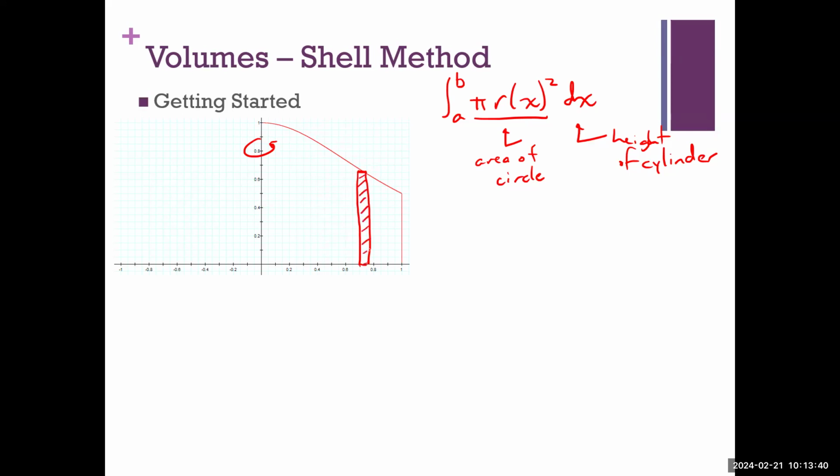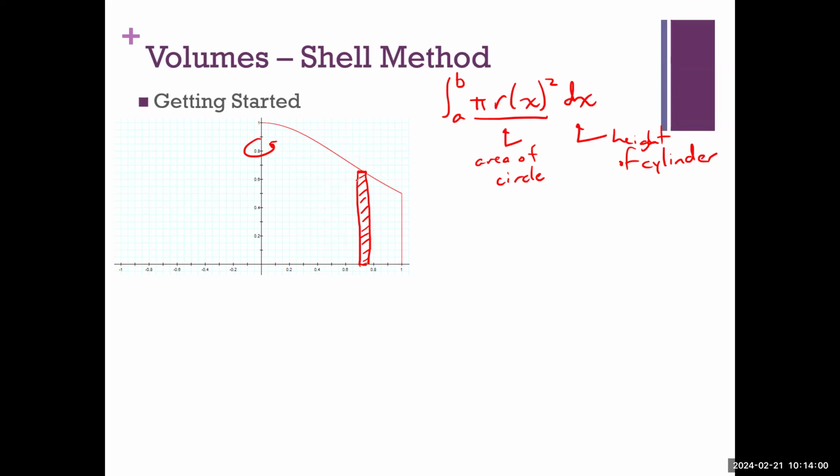If I take this rectangle, and again, every kind of integration we do is based on Riemann sums, so they're all rooted in a rectangle. If I take this rectangle and wrap it around the y-axis, what is that going to look like?